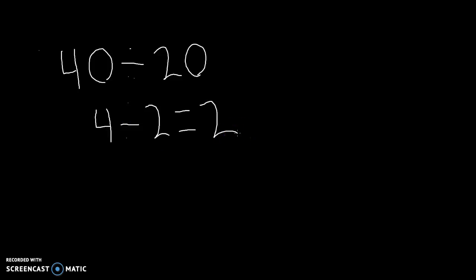And now what you're going to want to do is take the zeros from the second number and subtract zeros from the first number. So now you're going to want to take that 0 off the 20 and also take it off the 40. So now there's no more zeros to carry over. So this means that 40 divided by 20 equals 2.